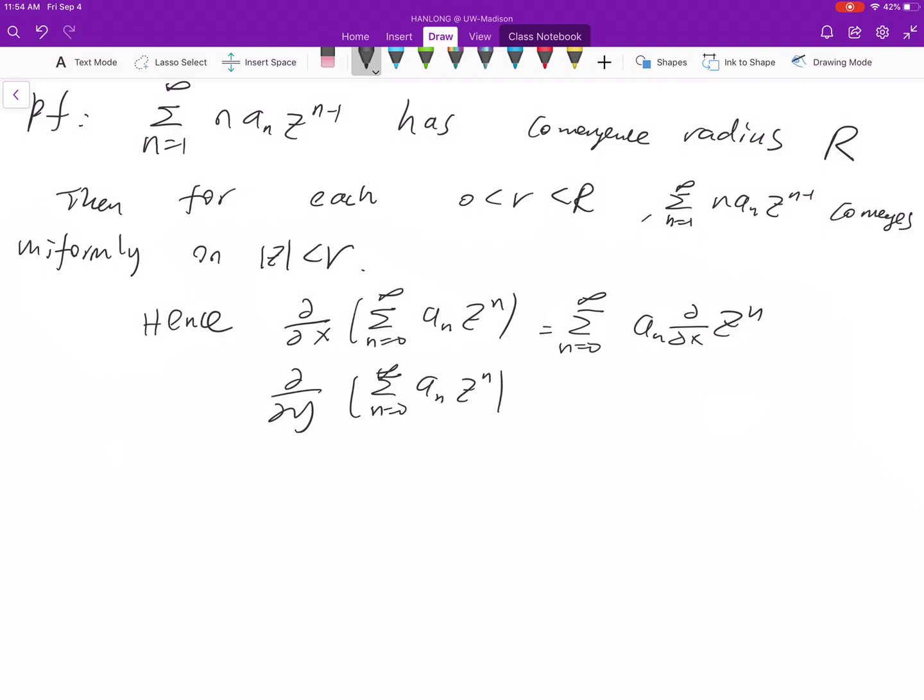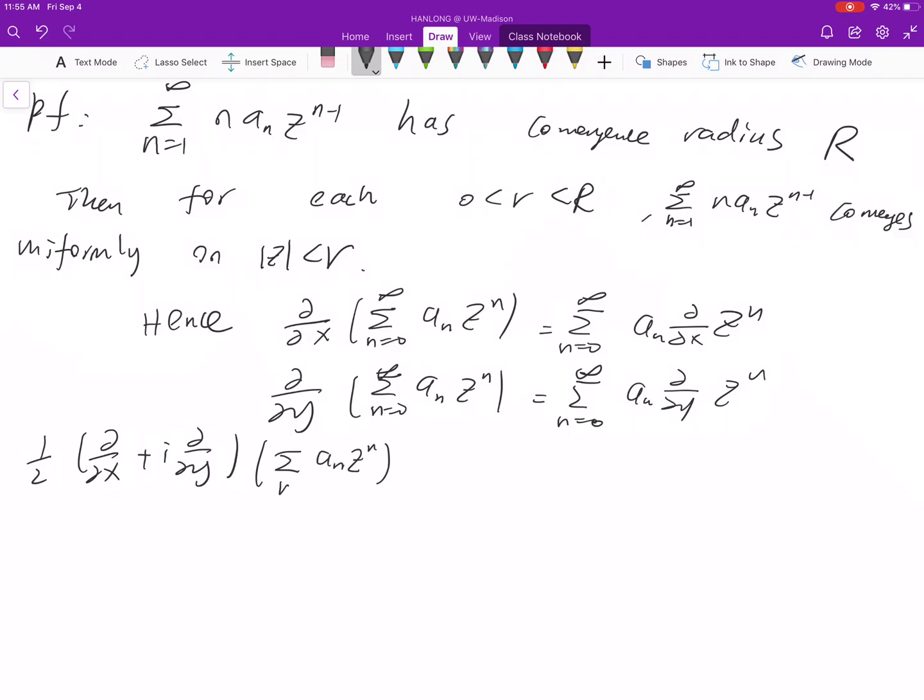a_n z^n equals this, partial y of z^n. And then if you compute the Cauchy-Riemann operator hitting on the power series, you get the following formula. And of course, because z^n is holomorphic, you have 0.